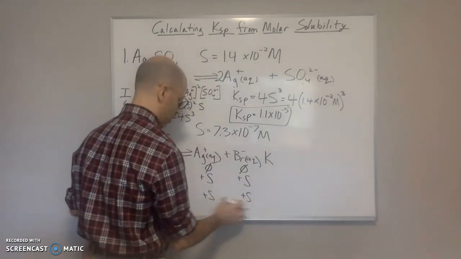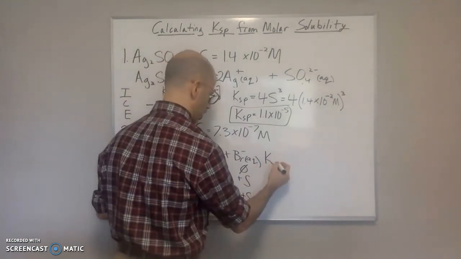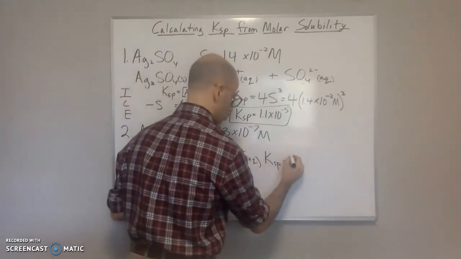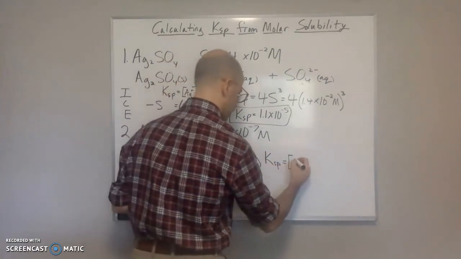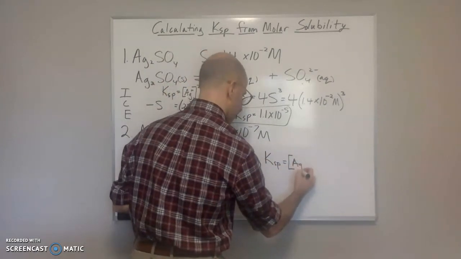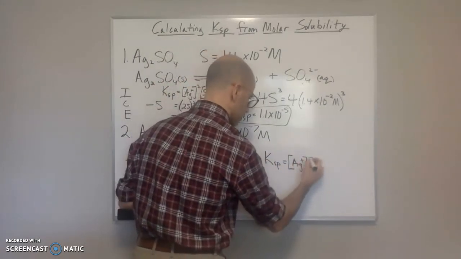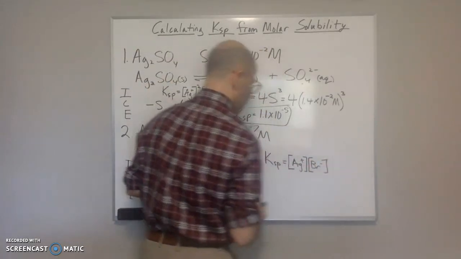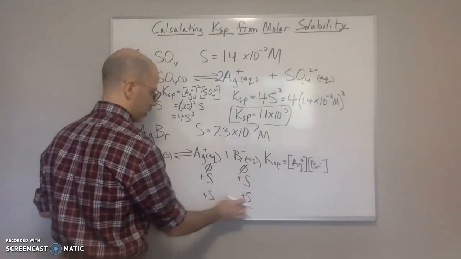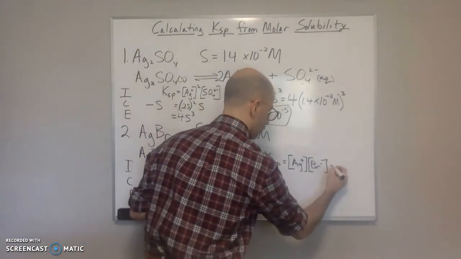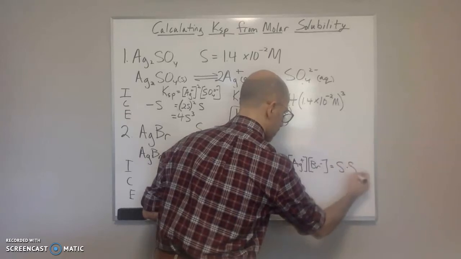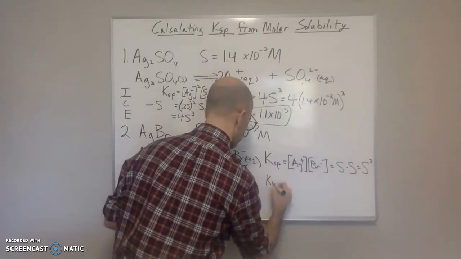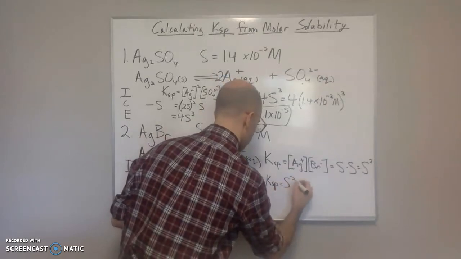Now that we have our equilibrium amounts that have been dissolved, Ksp is going to be equal to the concentration of Ag plus times the concentration of Br minus. Now we can put in our s values. So this is s times s, which is s squared. So Ksp is equal to s squared.